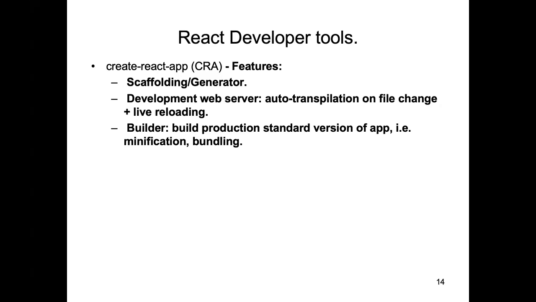The web server that comes with Create React App has lots of tooling built into it, in particular tooling that will perform transpilation of your JavaScript code as you're developing and editing and saving files.